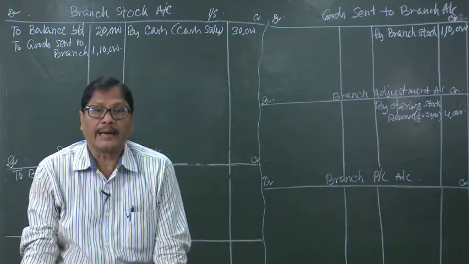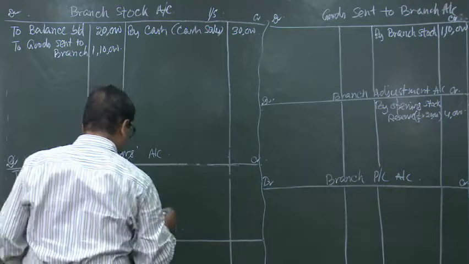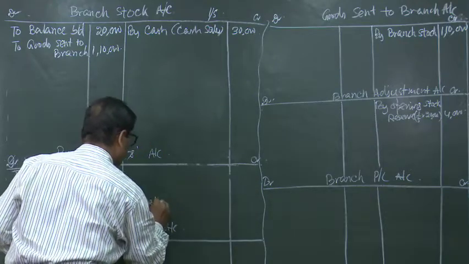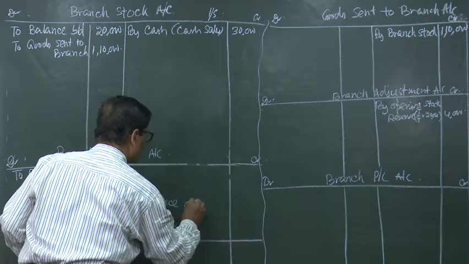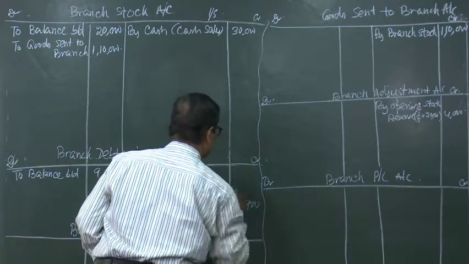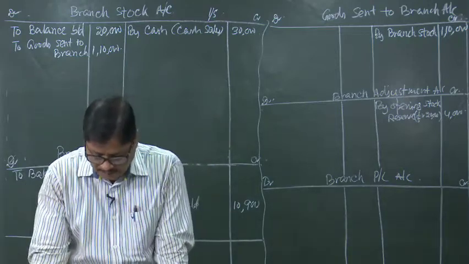Debtors at the end 10,900, by balance carried down 10,900. This will be the closing balance.